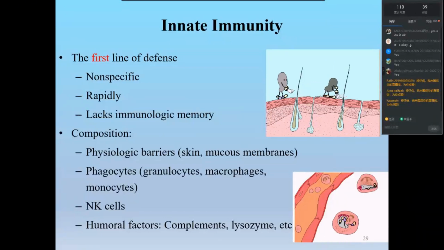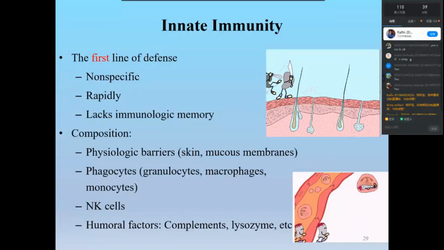And there are also professional immune cells like phagocytes, including granulocytes. This means things like neutrophils, or macrophages, monocytes. All of them can take bacterial particles into the cell and kill them in the cell. So they are phagocytes. And also natural killer cells, NK cells.